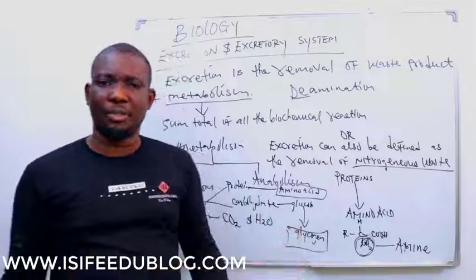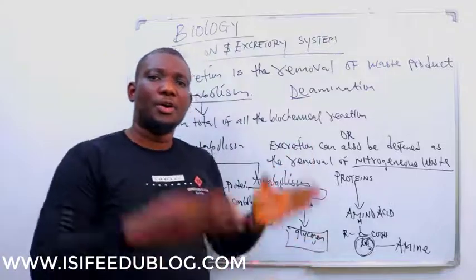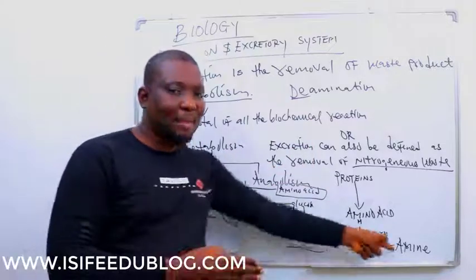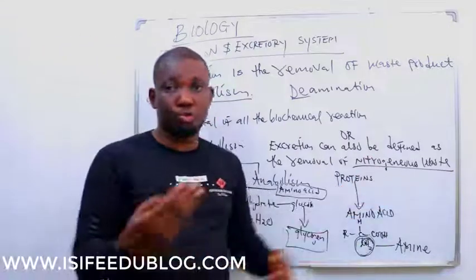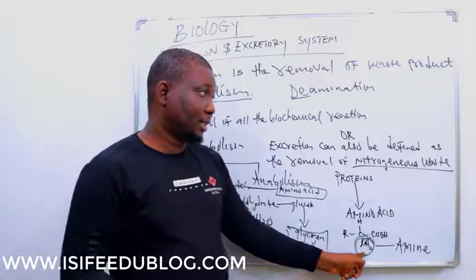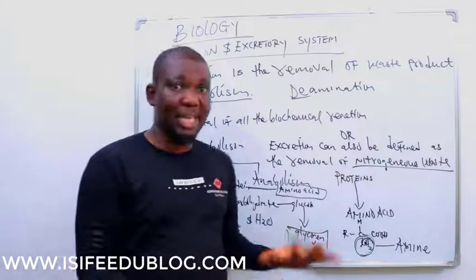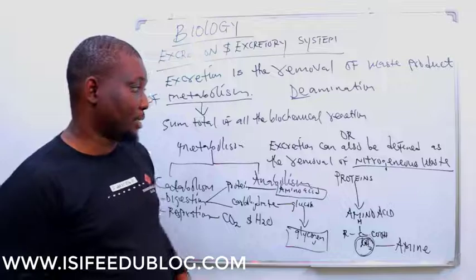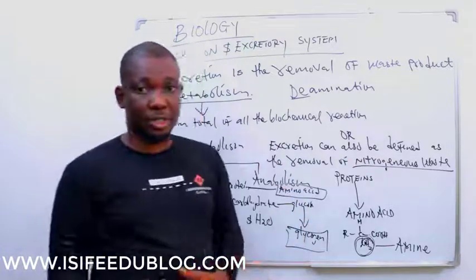What is deamination? Deamination simply means the removal of amine, or the removal of the nitrogenous group, because this is still a nitrogenous group. But in this aspect of excretion, it becomes a waste. I'm going to explain the series of reactions that makes it a waste product.